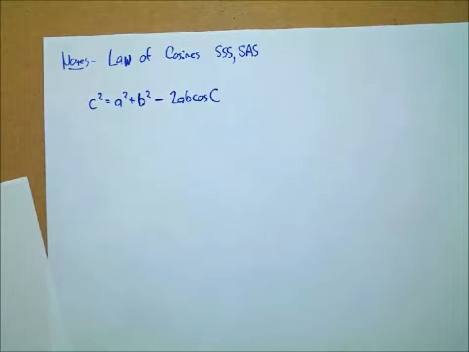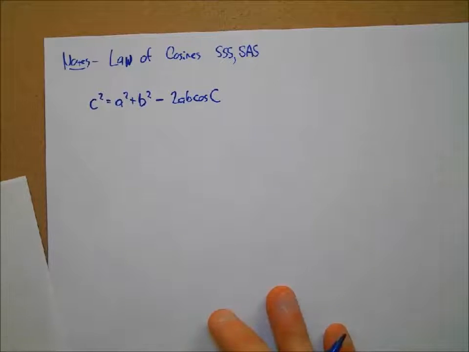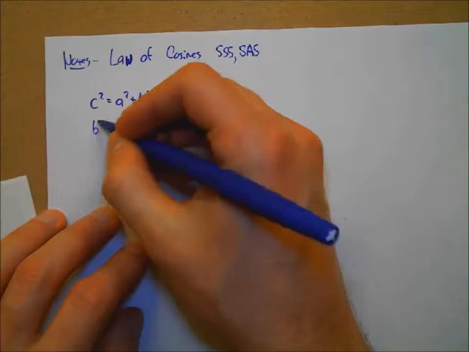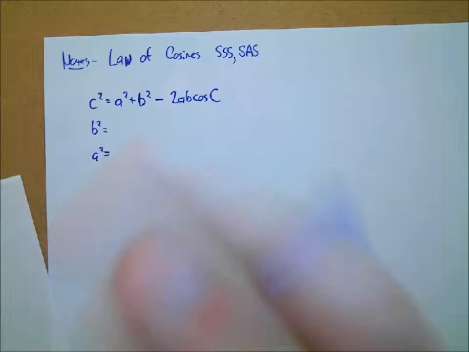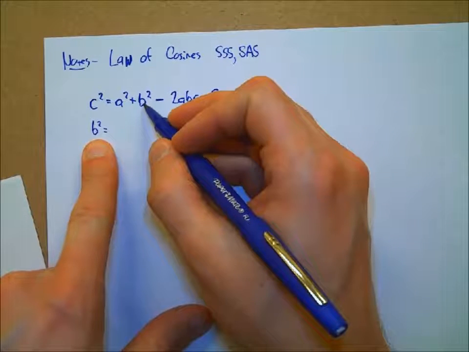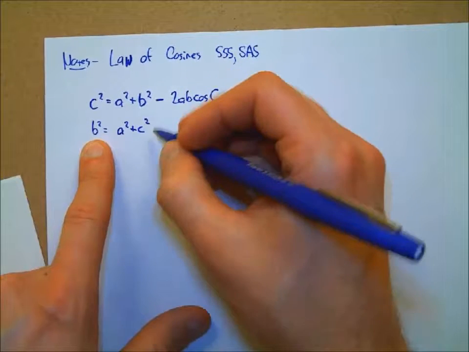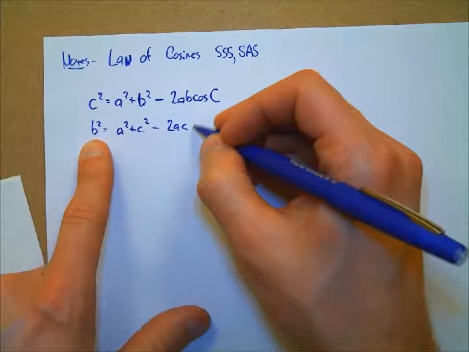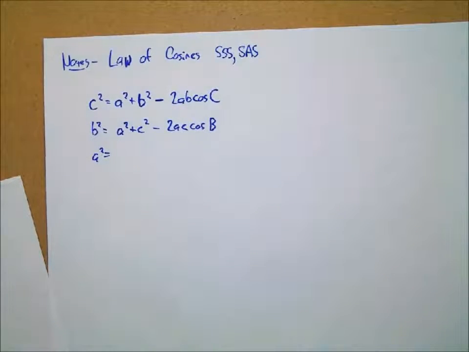So c squared equals a squared plus b squared minus 2ab cosine C. And then, of course, there are two other versions with b squared here and a squared here. It's just a matter of shuffling around the variables. If I put b squared here, what's going to go there instead? It's going to be a squared plus c squared minus 2ac cosine capital B. So it just shuffles the variables around accordingly.